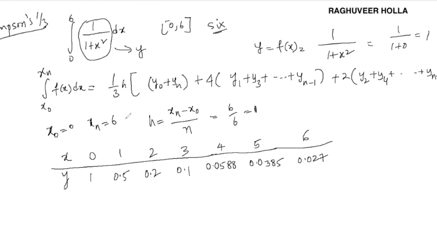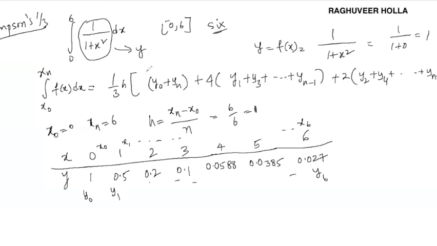So we have x naught, x1, up to xn, which is x6, corresponding to y naught, y1, up to y6.